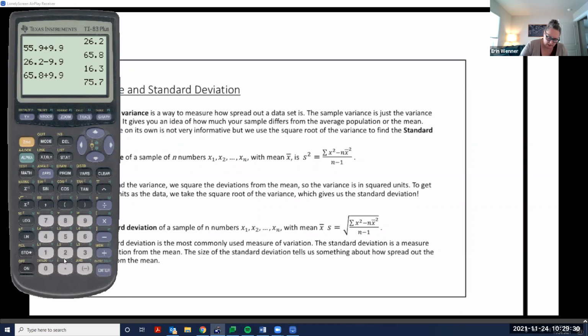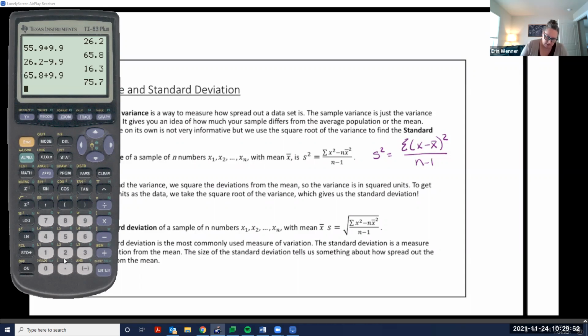So I don't really like this formula. I think this is what is in your book. So for us, we're going to use S squared equals the sum of x minus x bar squared over n minus 1. And then again, to find the variance, we square the deviations from the mean so that the variance is in squared units.